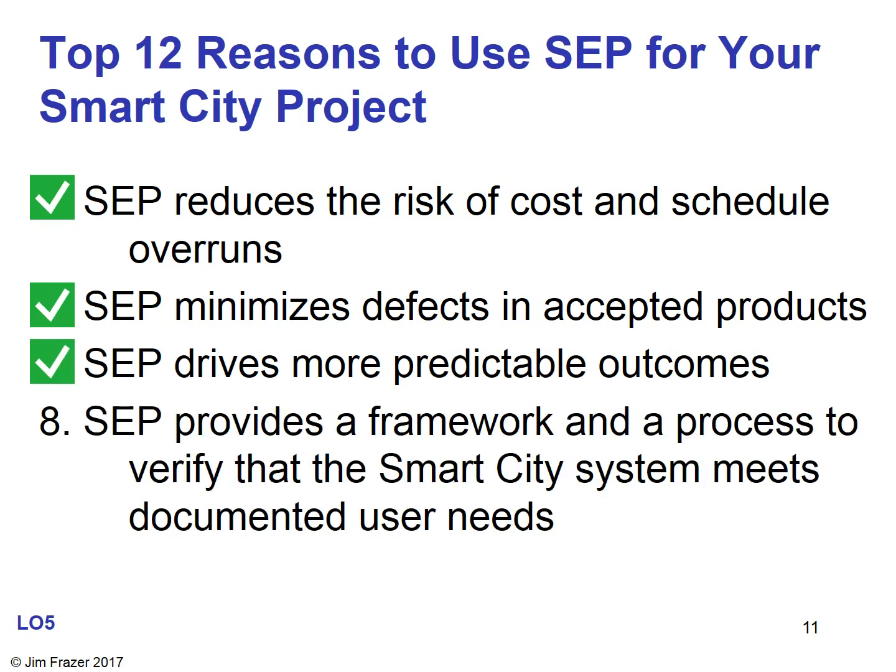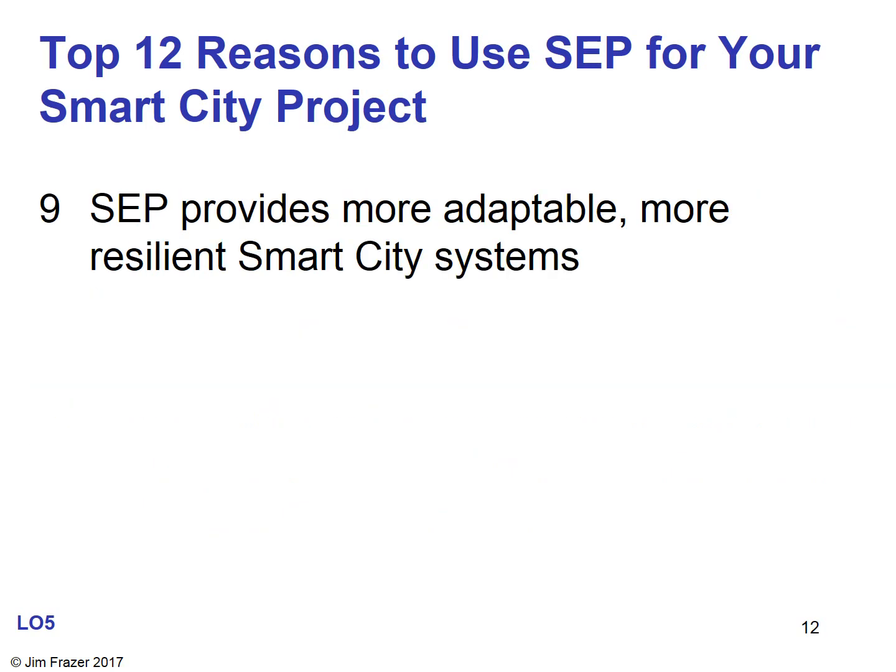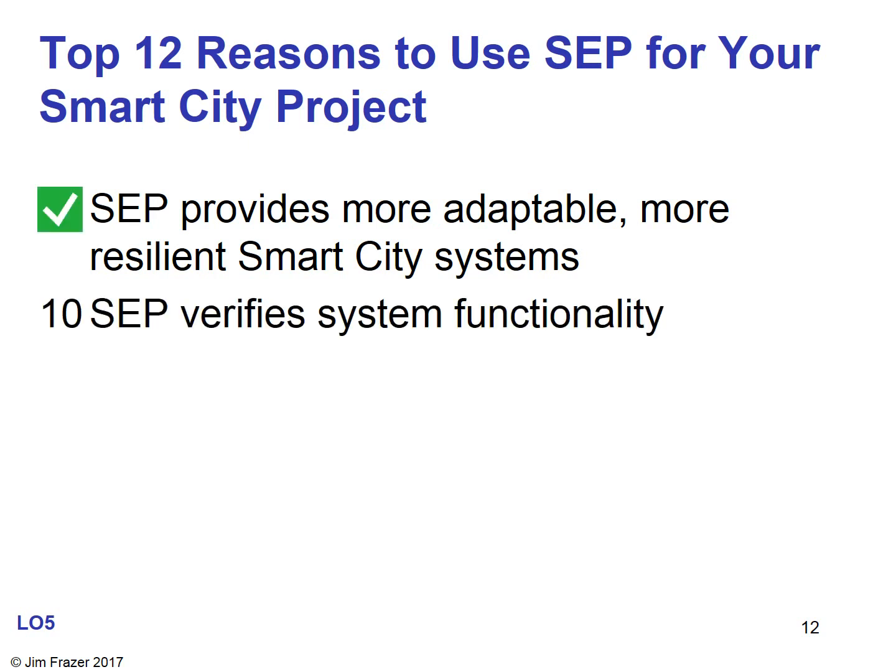Number eight, SEP provides a framework and a process to verify that the smart city system meets documented user needs. Number nine, SEP provides more adaptable, more resilient smart city systems. Number ten, SEP, through the testing process, verifies system functionality.